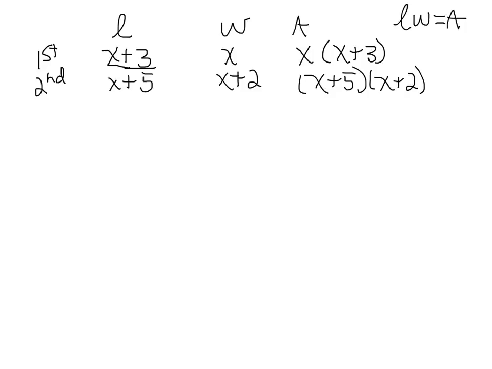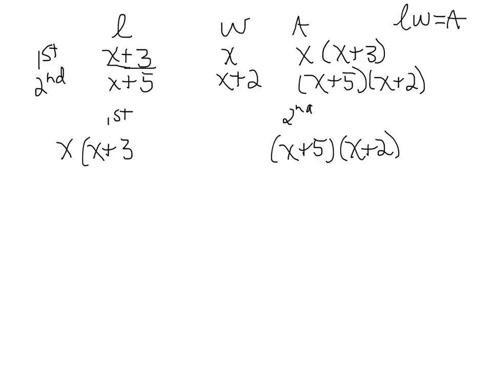Now, unlike some of our other charts, it's not immediately evident how to get the equation. I will say, if we think about this, the area of the first is x times x plus 3. The area of the second is x plus 5 times x plus 2.